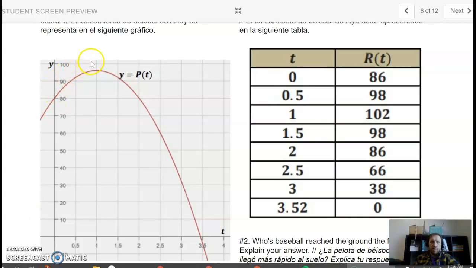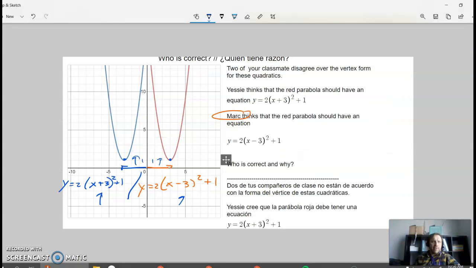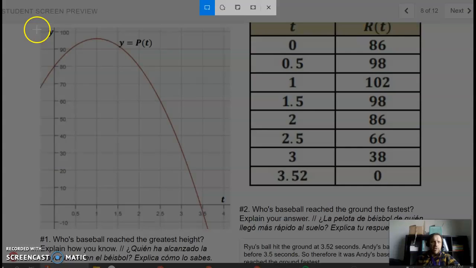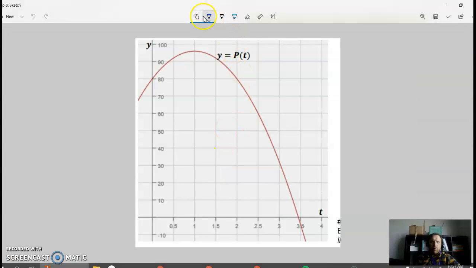His ball reaches 102 feet and then comes down just after 3.5 seconds. So if I was to just sketch this quickly right here, here's Andy's graph. Ryu's graph would be about right here, go a little bit higher, and then land just a little bit after 3.5. Again, you can sketch that to show the same information.